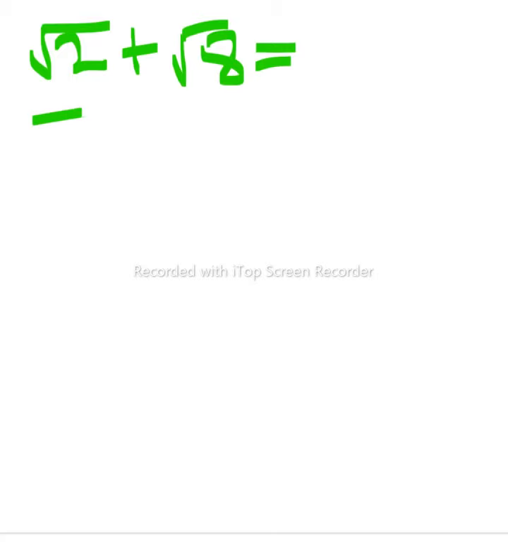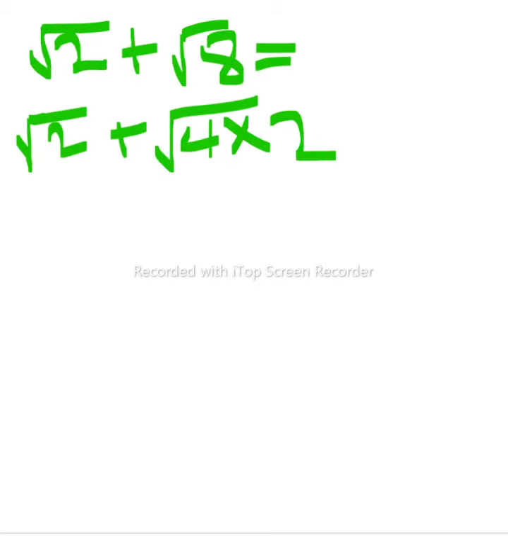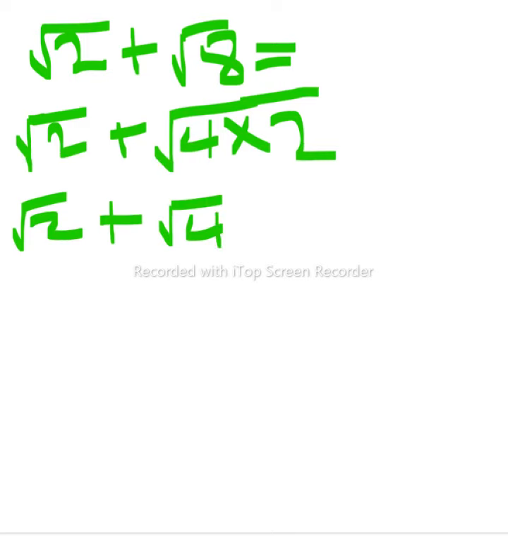We can write the first as it is, square root of 2, which is already simplified. Again we can write square root of 8 as square root of 4 times 2, because 8 means 4 times 2. So we have square root of 2 plus square root of 4 times square root of 2.